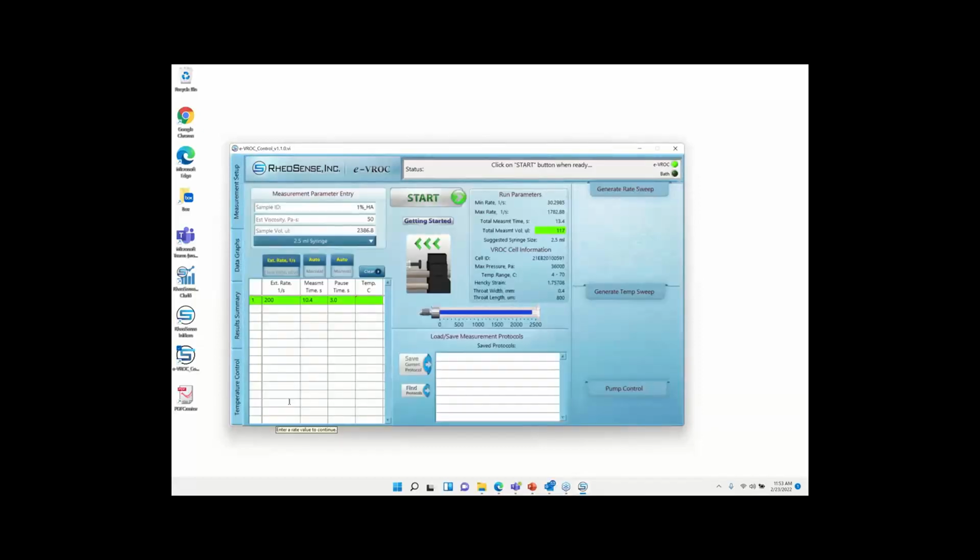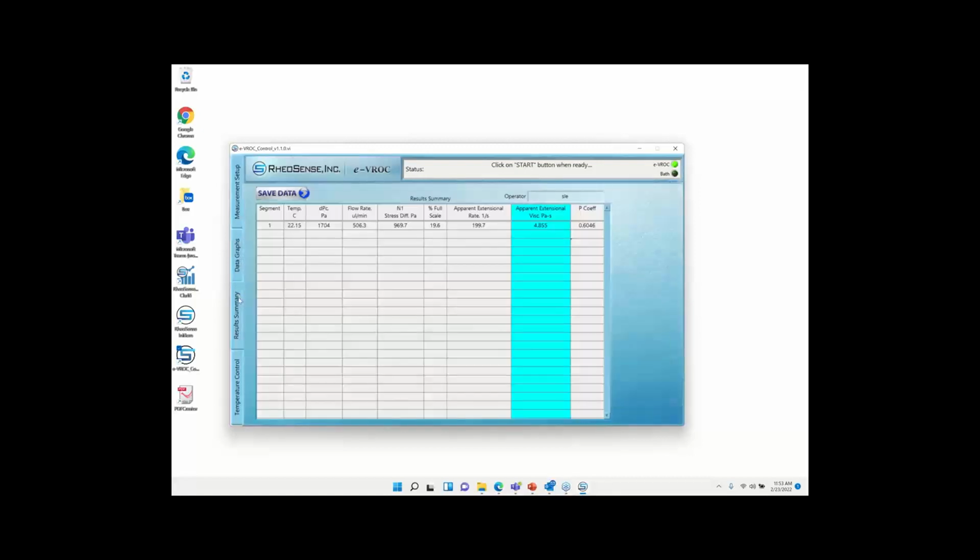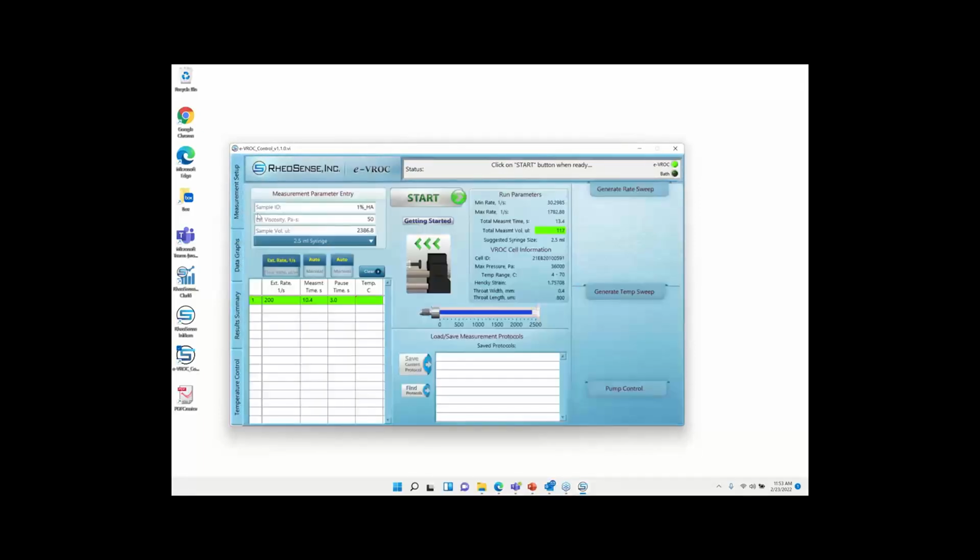So let's go ahead and do a quick sweep. 200 is about 20% full scale. I'm going to set up something from about 100 to 600 for the extensional rates, and I think we'll do it on 5 points.